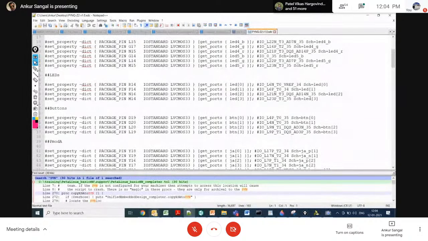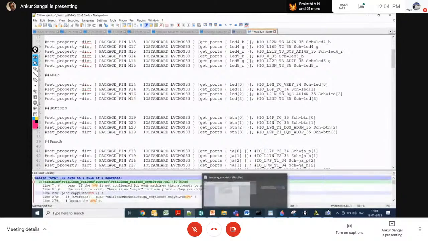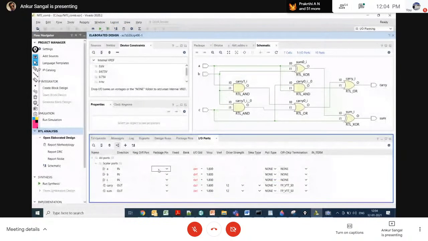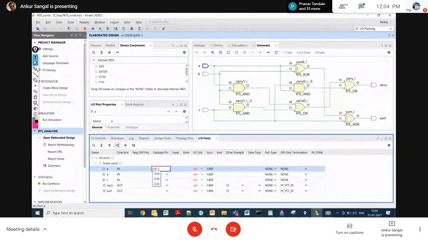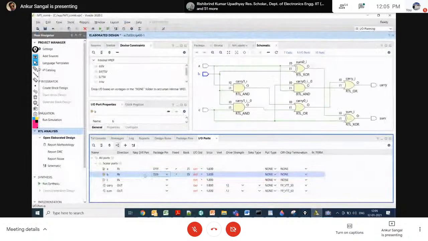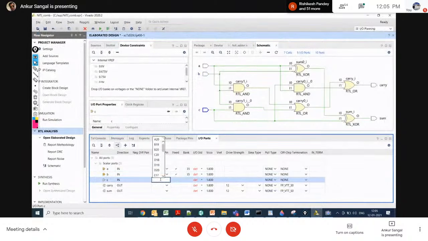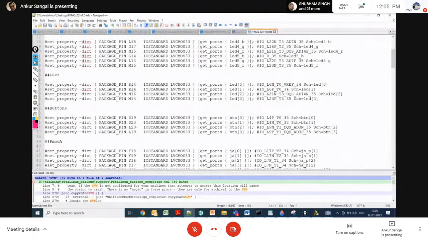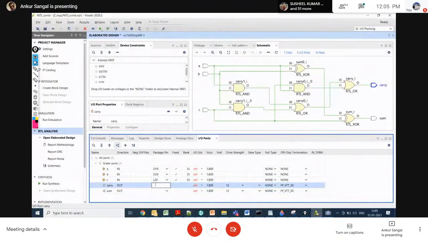You need to put this information. Then R14, P14, this is for output.